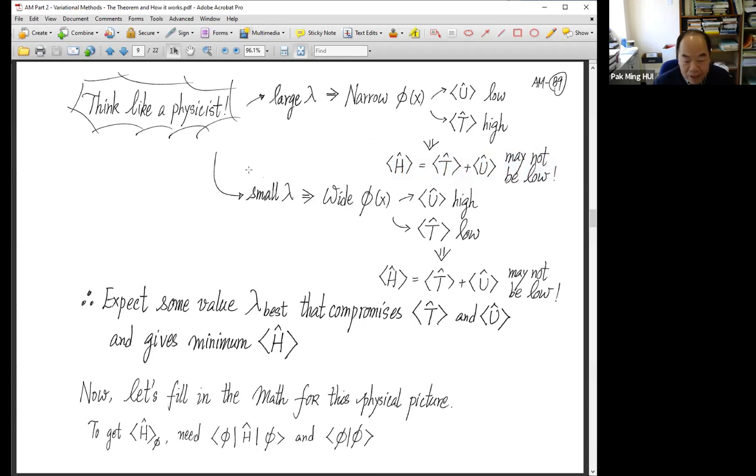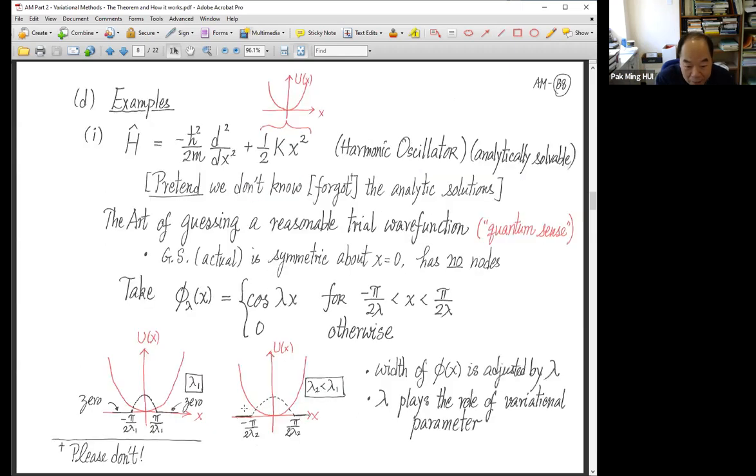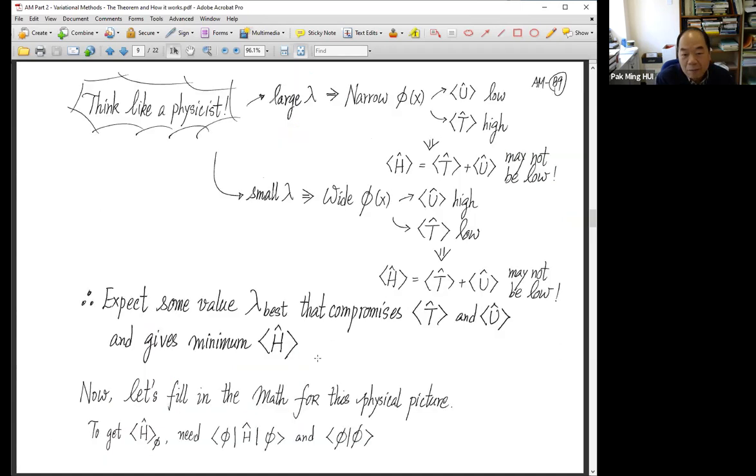Contrary, if I use a small lambda, the cosine will be very wide. But I will sense some bigger potential energy part in the integral. Therefore, potential energy may be high, although the gradual change, the second derivative will be lower.